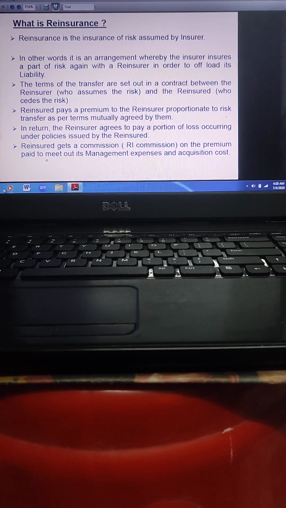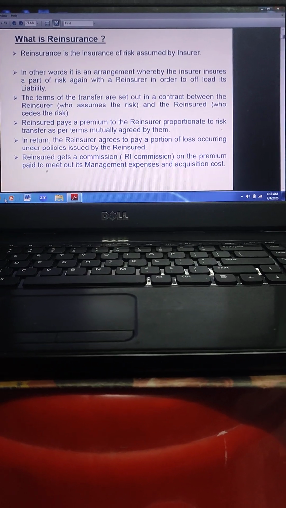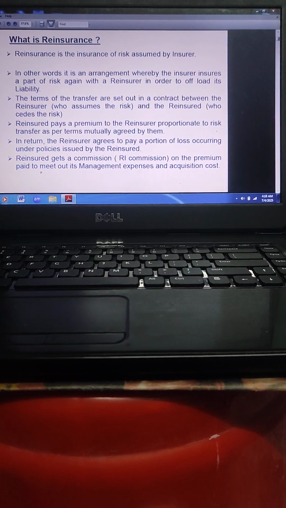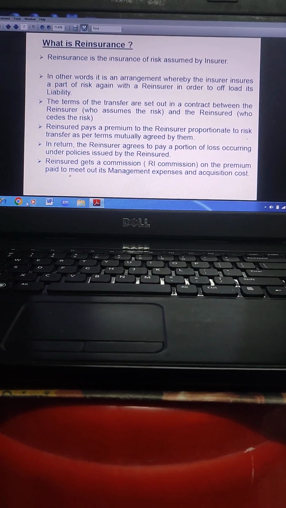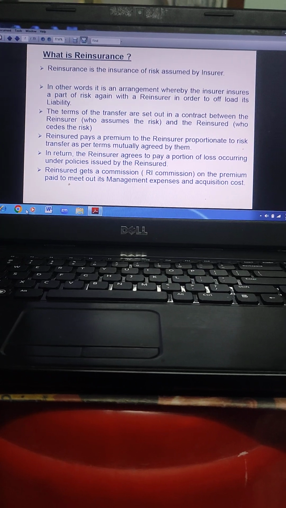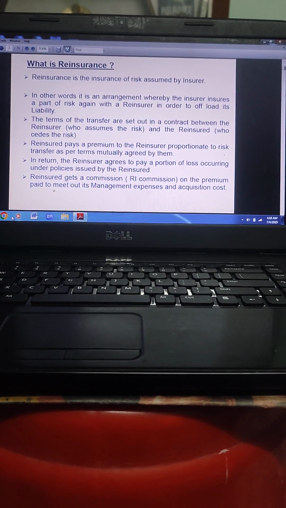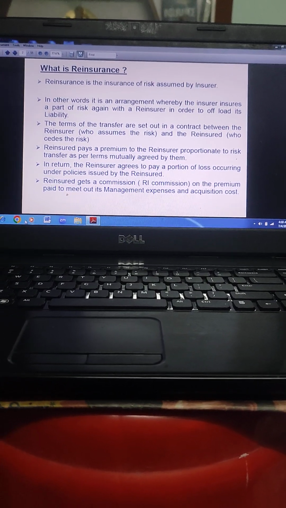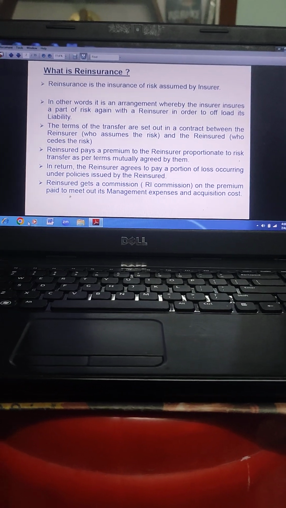In other words, it is an agreement or arrangement whereby the insurer insures a part of the risk again with the reinsurer in order to offload its liability. The terms of the transfer are set out in a contract between the reinsurer who assumes the risk and the reinsured who cedes the risk.